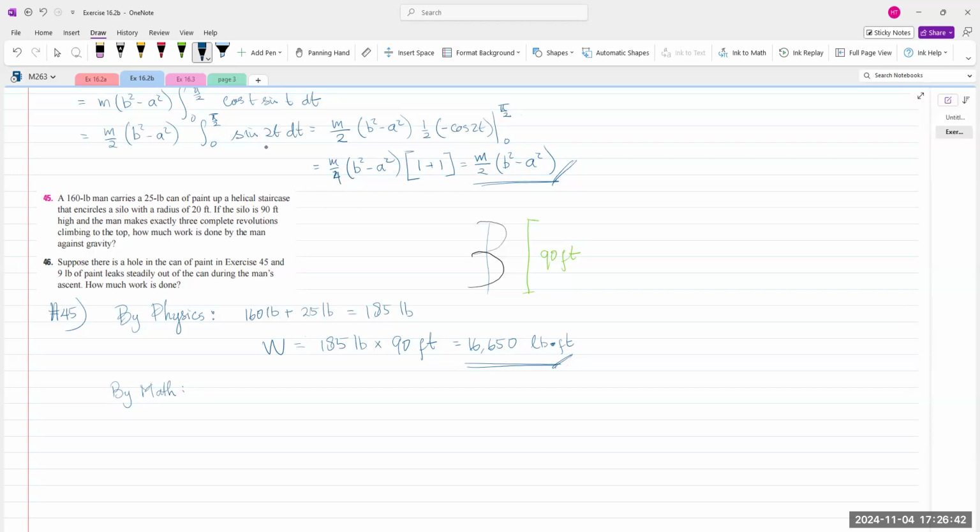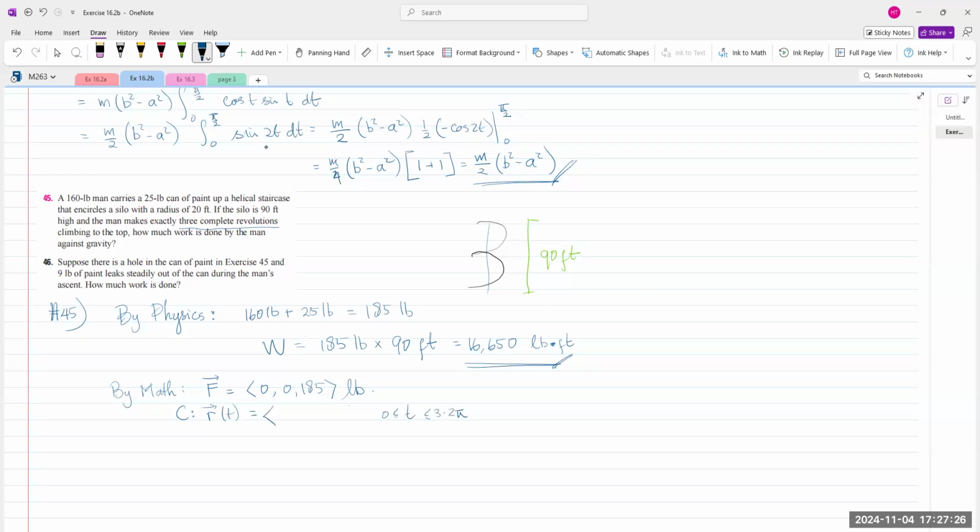Notice that the force field is actually 0 in the x direction, 0 in the y direction, and 185 in the z direction, in pounds. And then the path r(t): 90 feet divided by 3 complete revolutions, so t will be up to 6 pi, 3 times 2 pi.